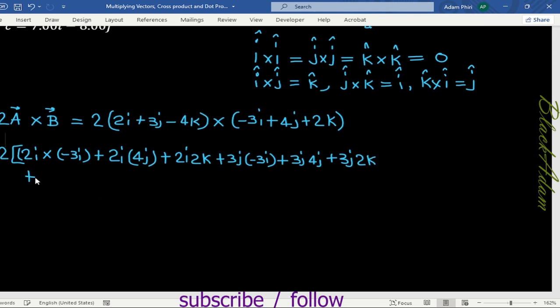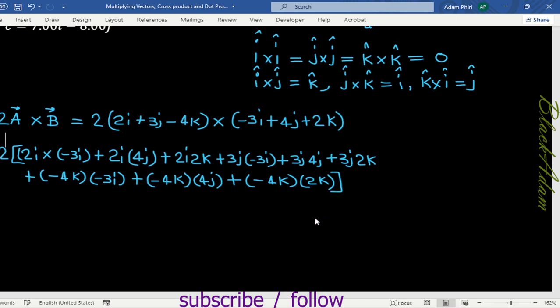And then the other part: negative 4k multiplied by negative 3i, then negative 4k multiplied by positive 4j, and negative 4k multiplied by positive 2k. And then we do that.